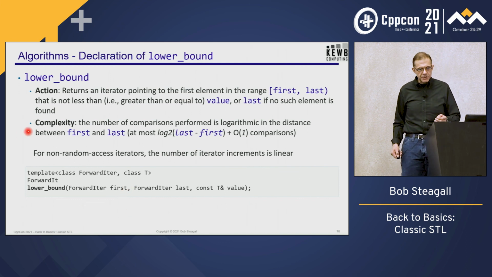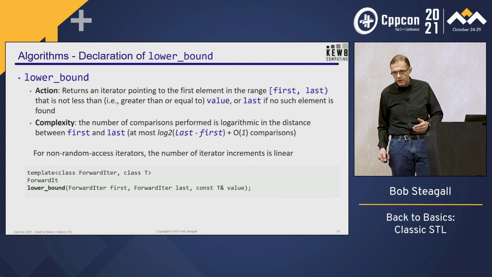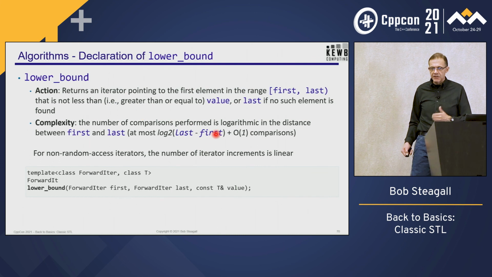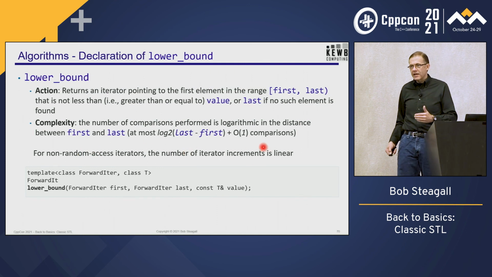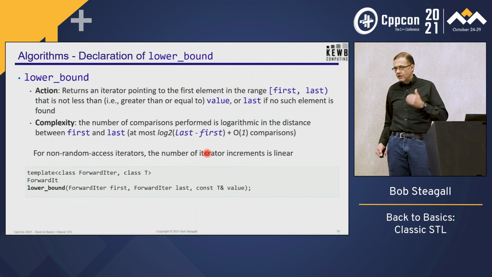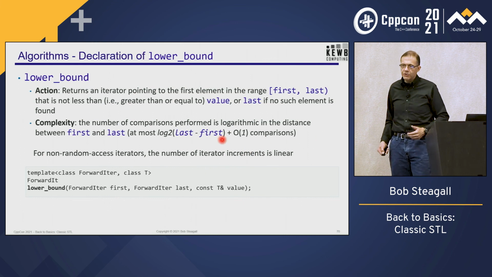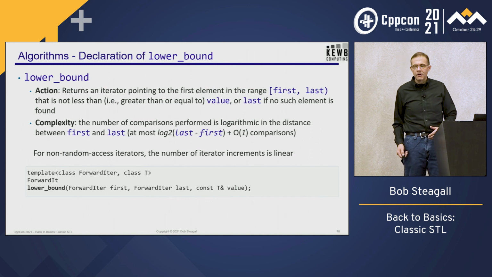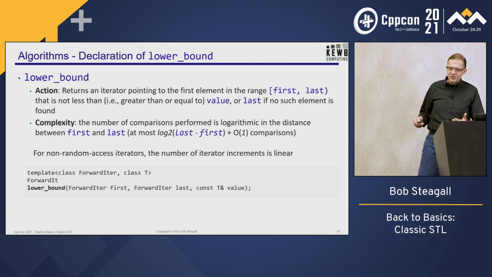What I think is interesting, at least from this context, is the way the complexity is described. The number of comparisons performed is logarithmic in the number of elements, right? That makes sense. But there's this footnote that says, for non-random access iterators, the number of iterations, the number of increments, the number of movements through the container is actually linear. So I thought that was kind of interesting.